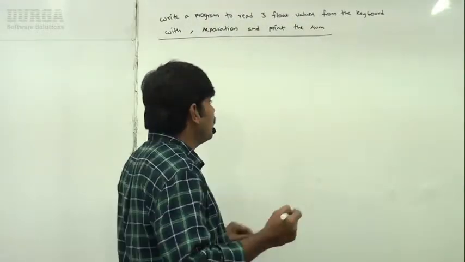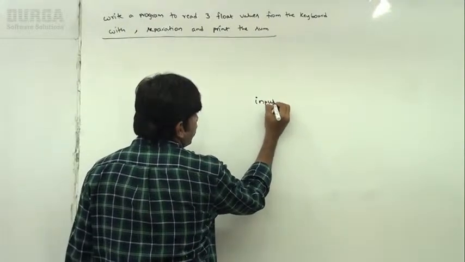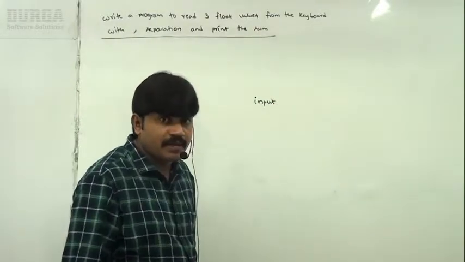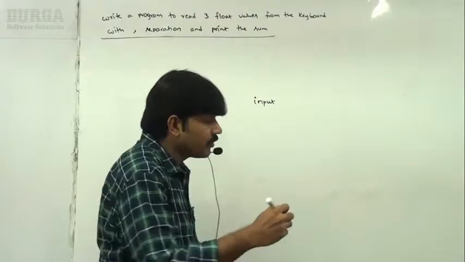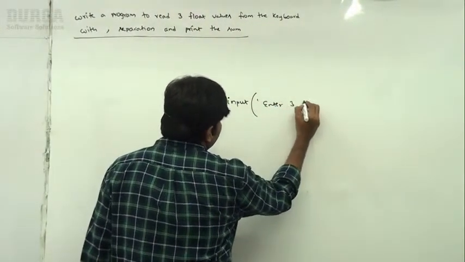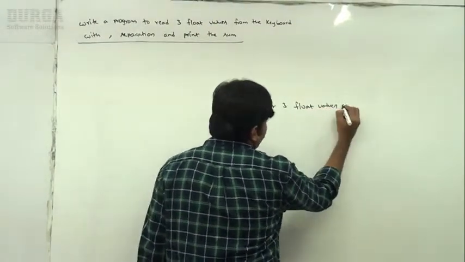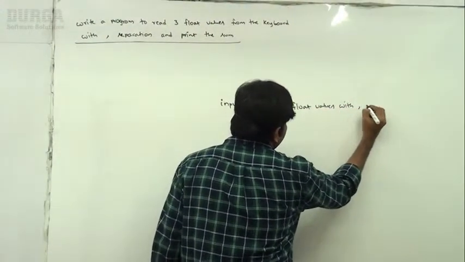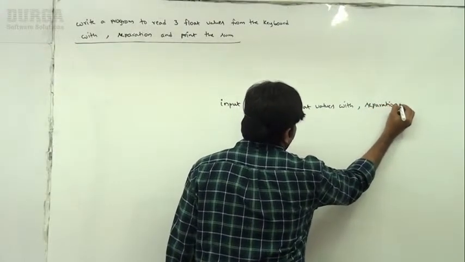Very simple. Here I am using the input function first. Take a bit of special care, the people who didn't get it clearly in the last example, at least now observe. Input function: enter 3 float values with comma separation.